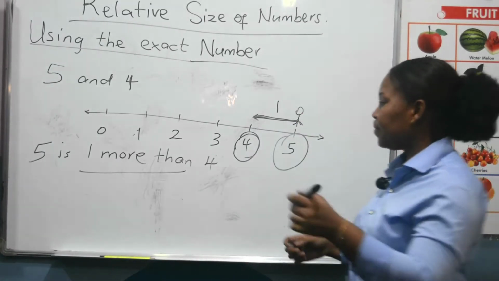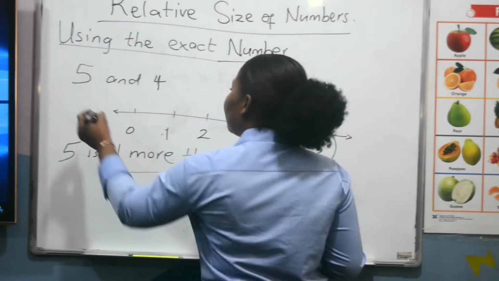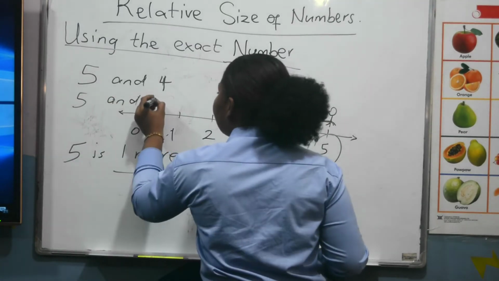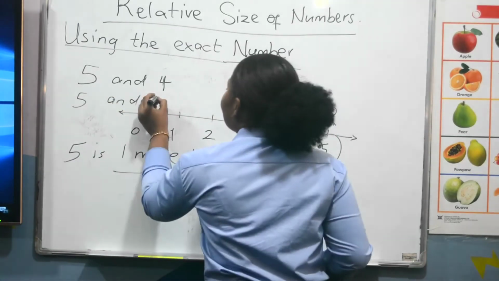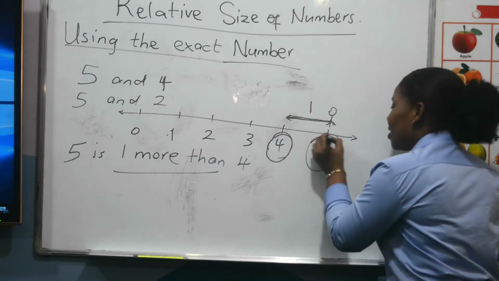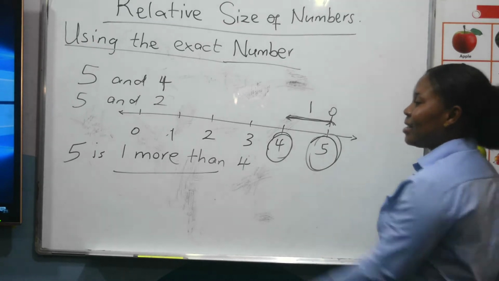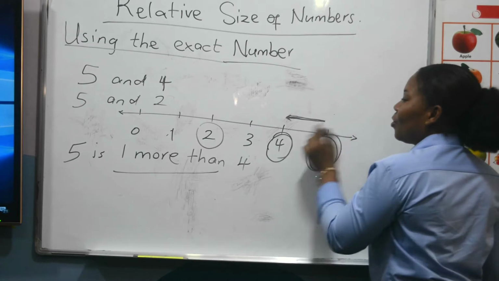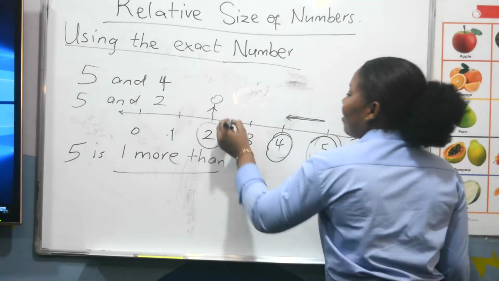Another example. If we have the same 5 here, 5 and let's say 3. No, let me make it 2. 5 and 2. So this is 5 on our number line. And this is 2. So this time round, Amma will start from here and move.